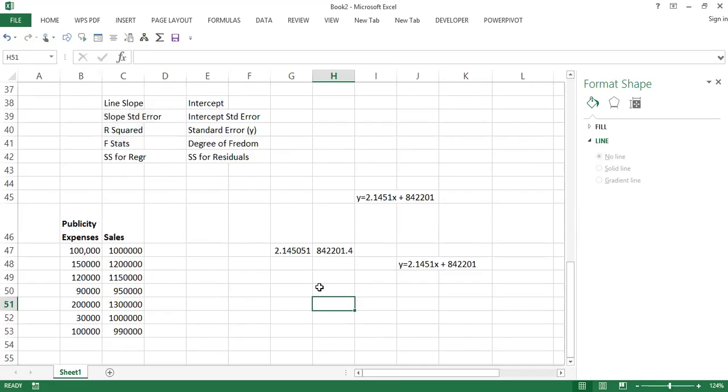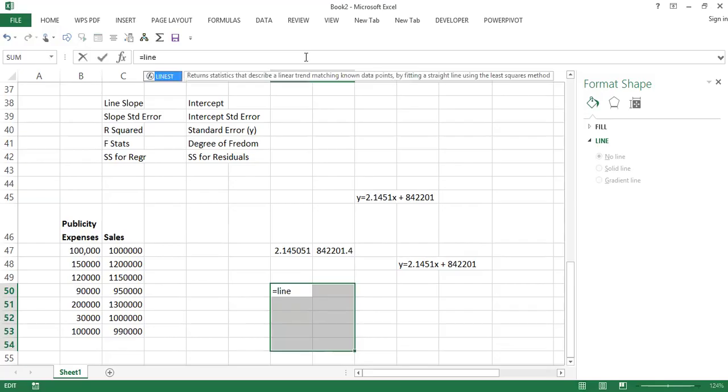In that case, you are going to select 5 by 2. Click in the formula bar, equals linest. As usual, you select the y, comma, select the x, comma.